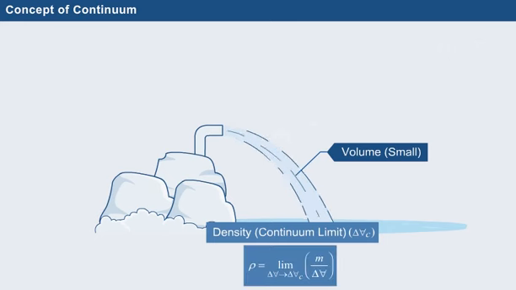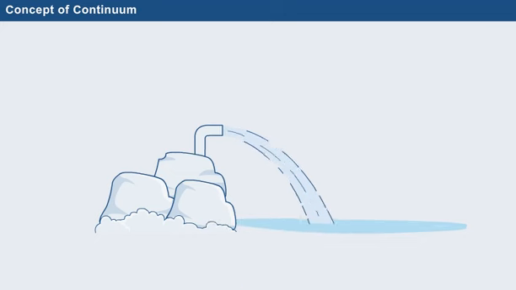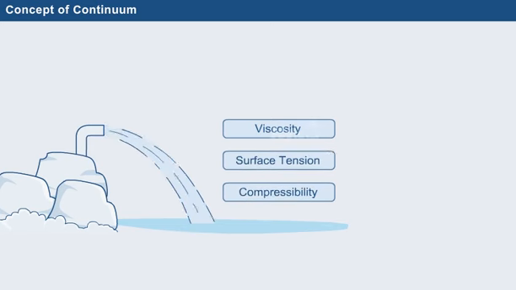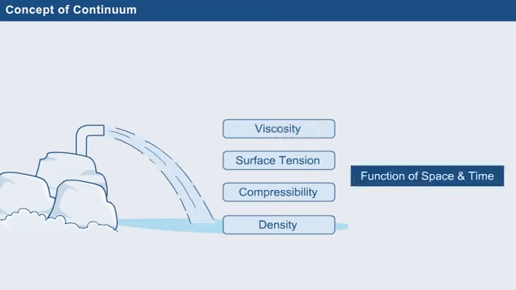Rho is equal to the limit of delta m divided by delta V, as delta V tends to delta V c. Thus, in the continuum approach, fluid properties such as viscosity, surface tension, compressibility, density, etc. are expressed as continuous functions of space and time.